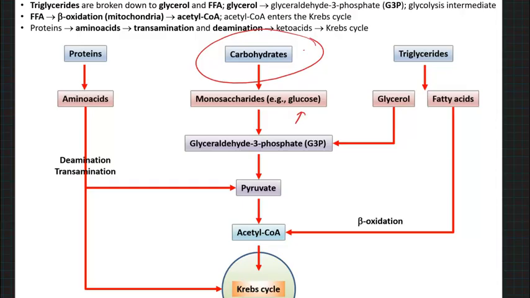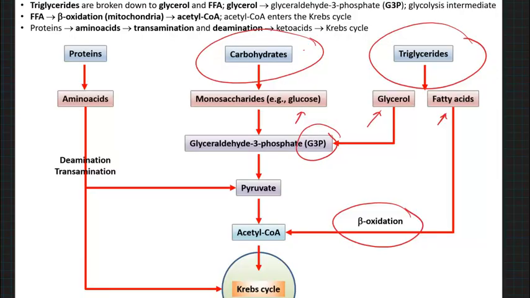Yes. Fats, triglycerides. If you break down triglycerides, they form glycerol and fatty acids. Glycerol can be converted into G3P, and you can see where it goes next. Fatty acids, through the process of beta oxidation, can be converted to acetyl-CoA.